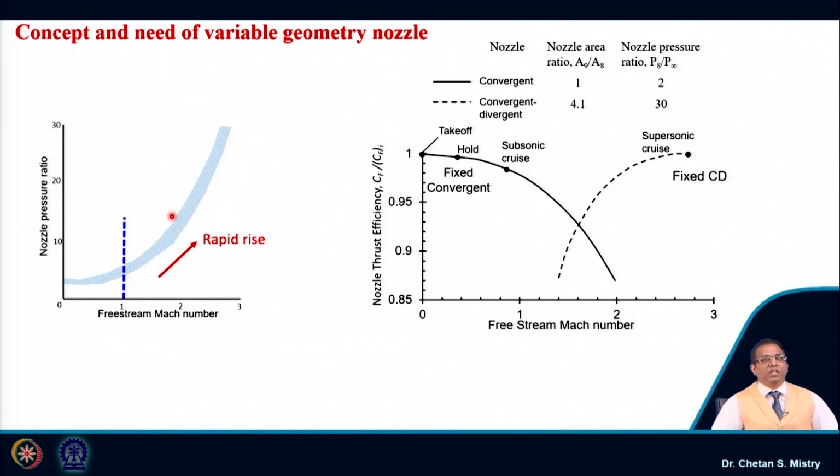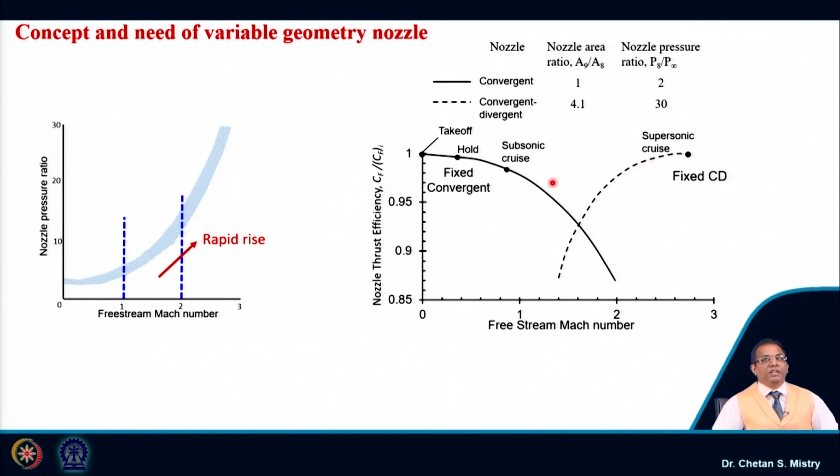Now let us look at the meaning of that. As we have discussed, if I increase my free stream Mach number, I will have a rapid rise of pressure. Suppose I have two kinds of nozzles available: a fixed convergent nozzle and a fixed convergent divergent nozzle. As per our discussion, we can use the fixed convergent nozzle for the subsonic cruise condition, and if we are looking for a supersonic condition, we need to go with the convergent divergent kind of nozzle.